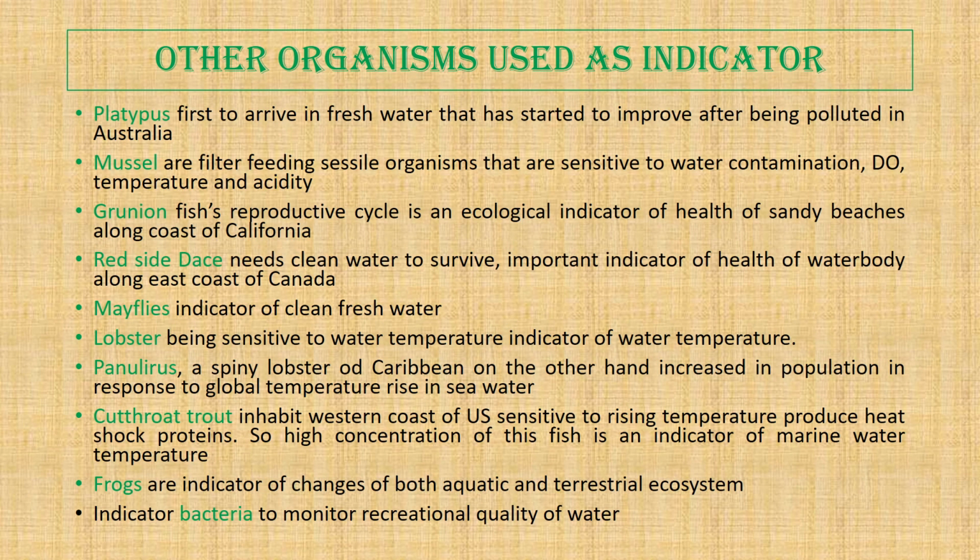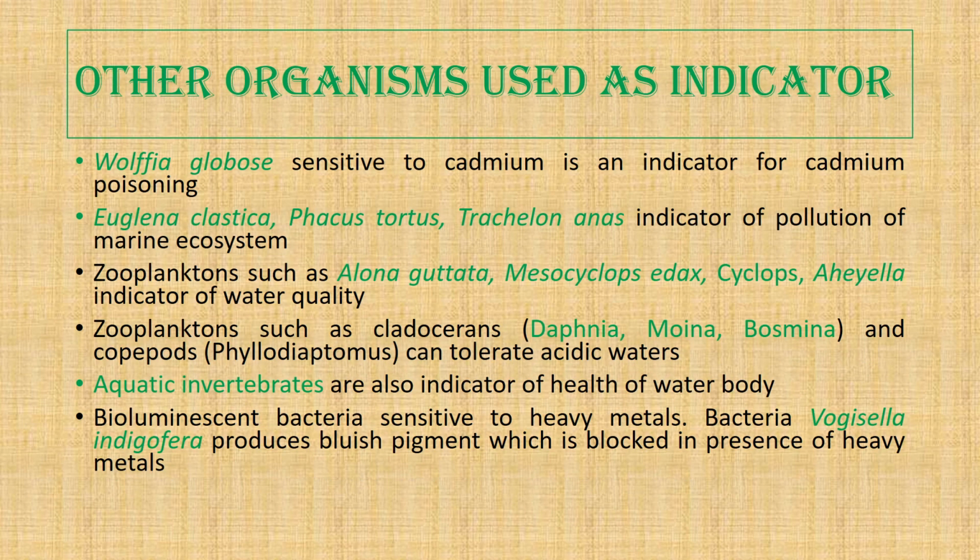Now, other organisms that determine the level of pollution in fresh water or marine water are platypus, mussel, grunion fish, redside dace fish, mayflies, lobster, Panulirus, it is a type of lobster, various types of trout, frog, the bacteria, Wolffia globosa, other types of animal cues, zooplanktons, and aquatic invertebrates.